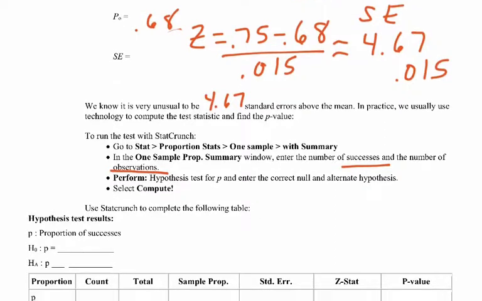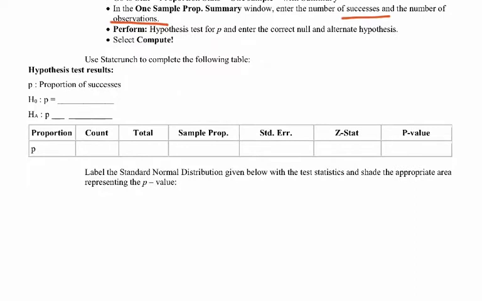So based on what I would get in StatCrunch, here's what the screenshot would look like. They say P equals 0.68, that's my null hypothesis, and then P is greater than 0.75, that is my alternative hypothesis. So I had a count of 754 out of 1,005 observations. My sample proportion then is 0.75.